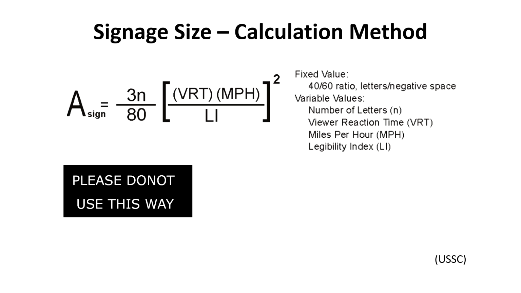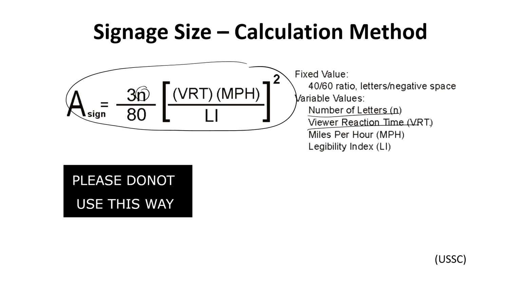The overall formula from this entire process is this one. In this, N is the number of letters, viewer reaction time is here, the speed in miles per hour, and the legibility index here.